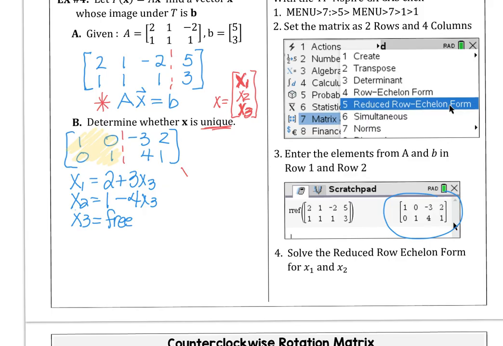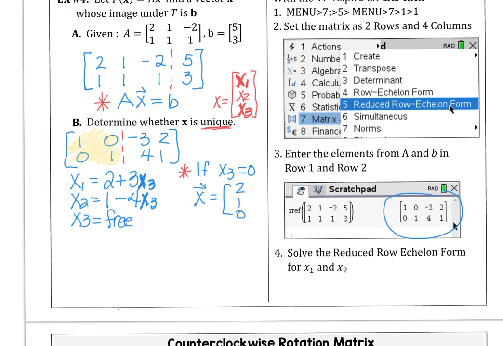For example, if we let x sub 3 be 0, then we're going to end up going back here to substitute 0 here and 0 here. Then our x bar is just going to contain 2, 1, 0, because we have a free space in x sub 3.